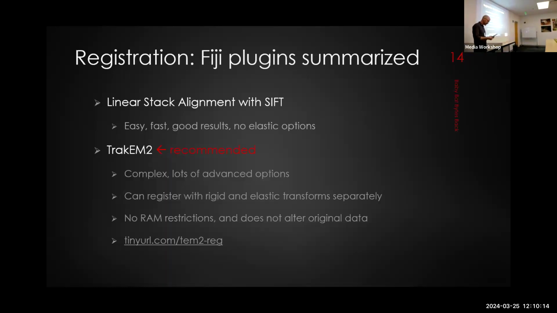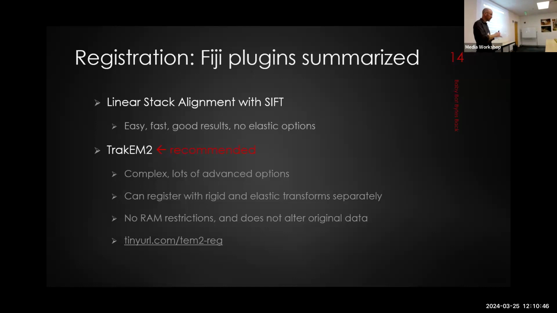All that said, many smart people have worked the problem from different angles and have written software based on resulting algorithms. I recommend the linear stack alignment with SIFT as one plugin that's easy to use, gives good results, and works quickly. It's limited to linear transformations only. It doesn't do elastic. Second, TrackEM2 has a baffling array of menus and options, but it's worth it. It can register with linear and elastic transforms as separate steps.